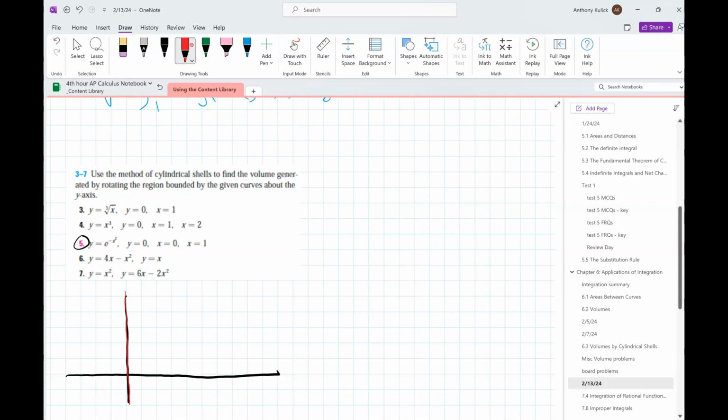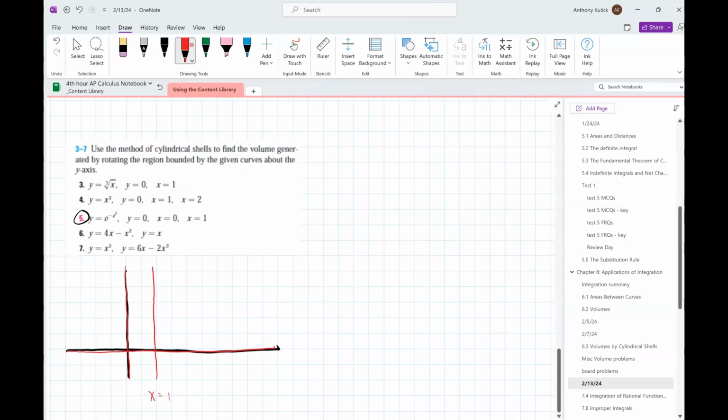Look at the function. It's that same e to the negative x squared, your best friend. All right, so we have x equals 0, y equals 0, and then x equals 1. If I'm just going to do some points, if I plug 0 in, I get 1, so 0, 1 is here.